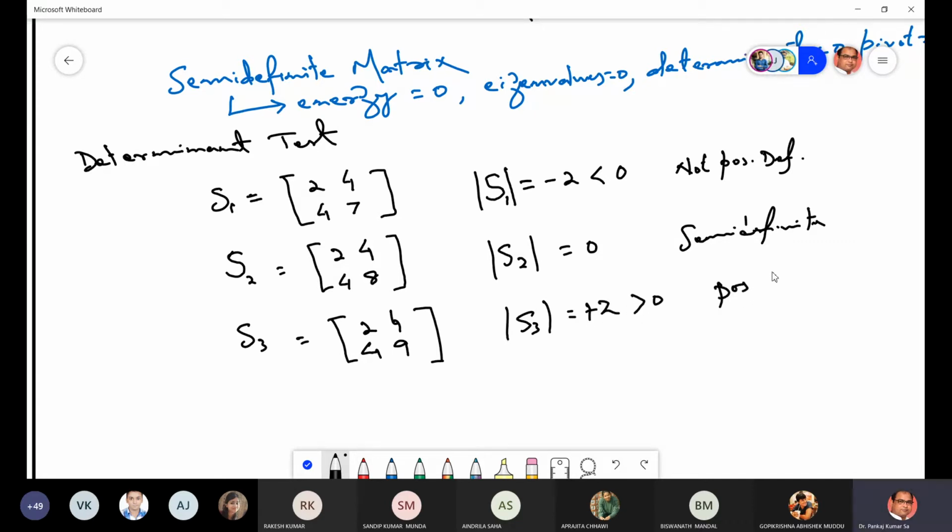This is positive definite. S4. Can you test for this?